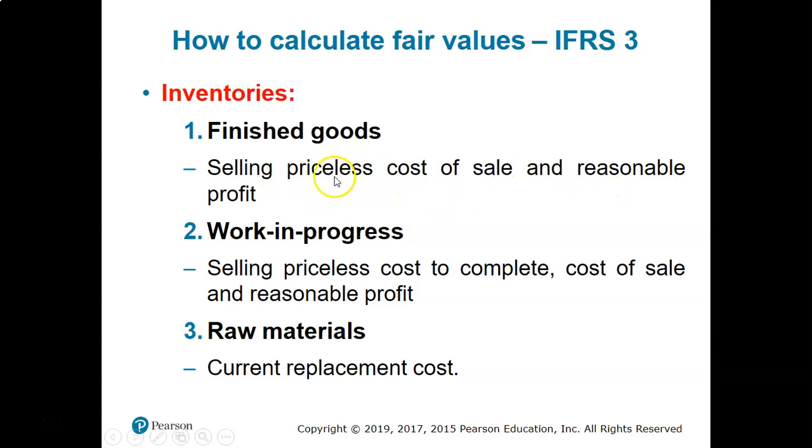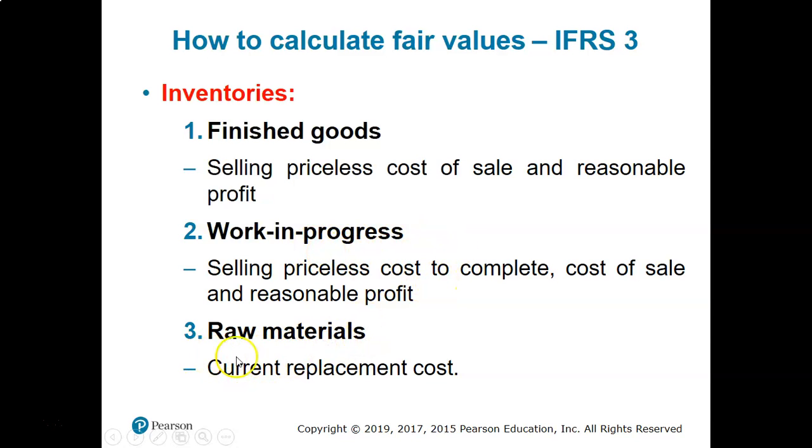So if we deduct the cost of sale, any cost incurred for selling, and also reasonable profit, then we will get the fair value of the inventory if it is finished goods. But if it is incomplete goods, work in process, in that case it is selling price less cost to complete, and then cost of sale and reasonable profit. So this is how we should recognize work in process.